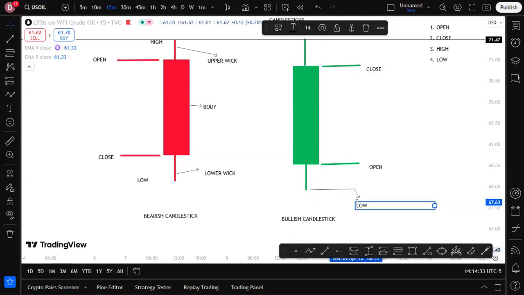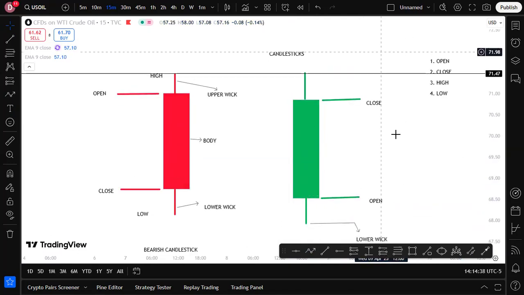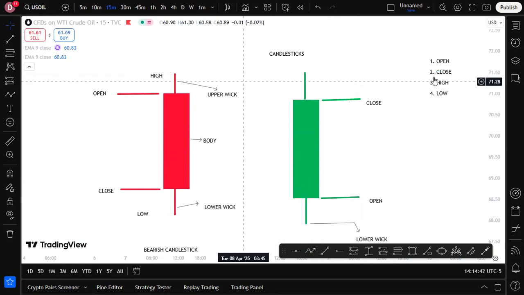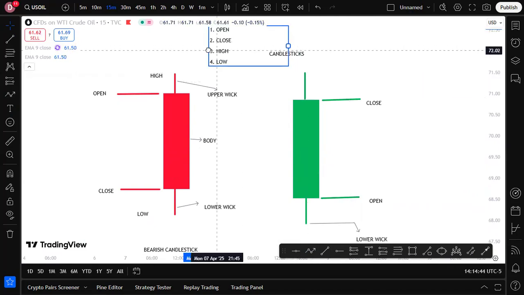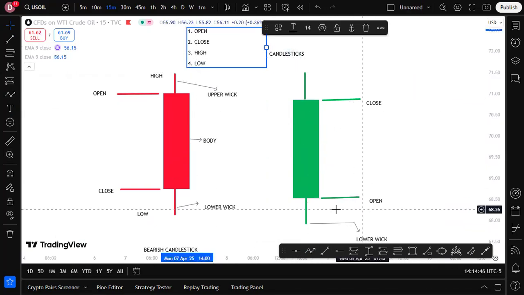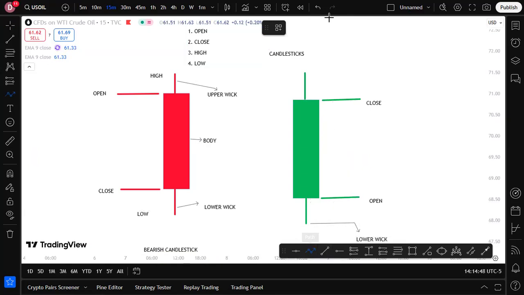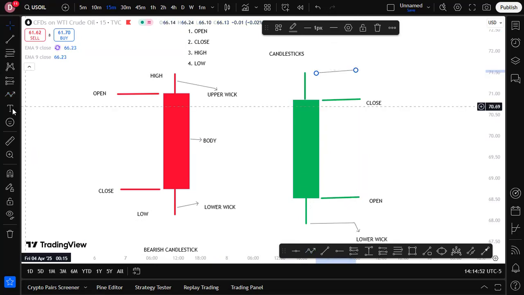So I'll call it the lower wick. And here is the highest point price went to, which is our upper wick.